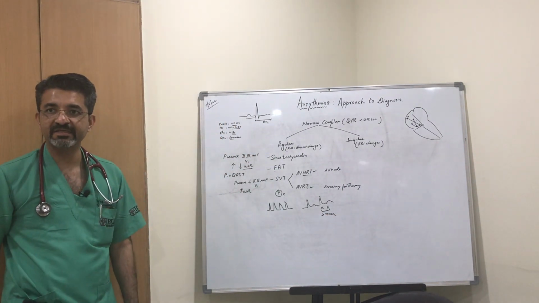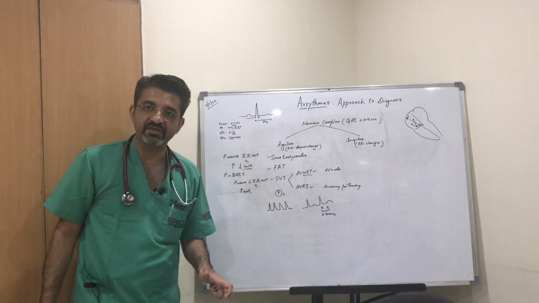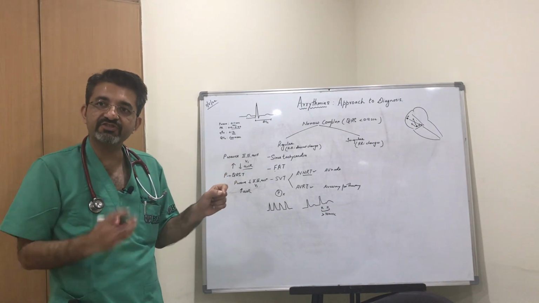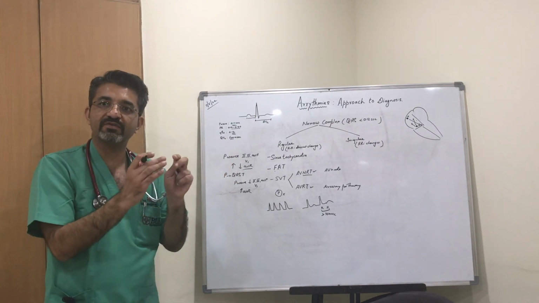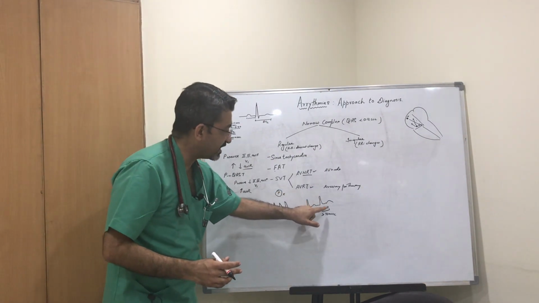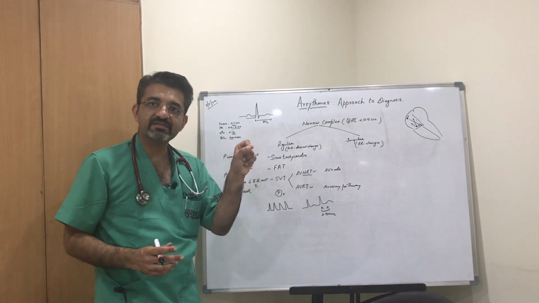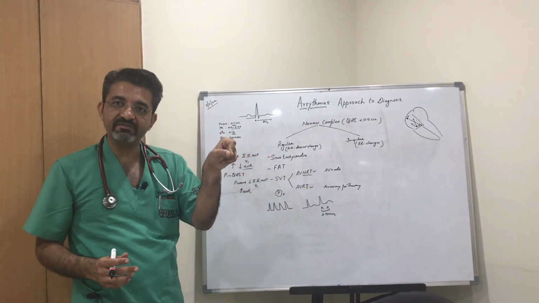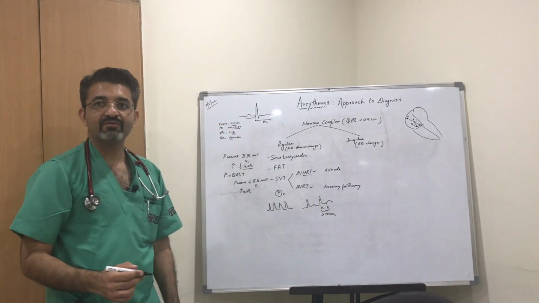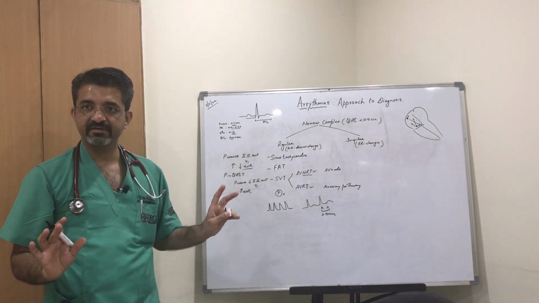You got the point? In AVNRT, either you won't see P wave, or if you are able to see P wave, it would be inverted just after QRS, or merged in QRS. But in AVRT, you can find a P wave as a slight upstroke at the start of T wave or on the T wave, and the RP interval will be 70 milliseconds or more. Right? Clear?